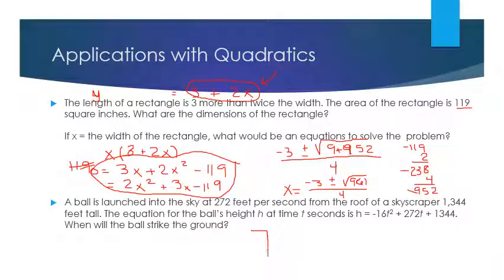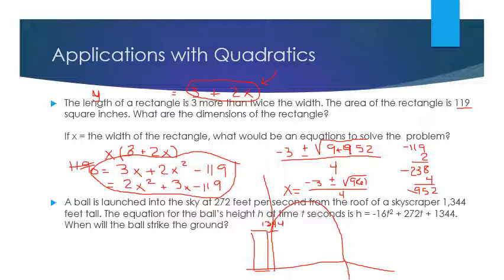First of all, you're at the top of a very tall building, and you can imagine it as being on a coordinate plane, say, and you are at level 1344. You launch the ball into the air and you create a trajectory that looks a lot like a parabola.